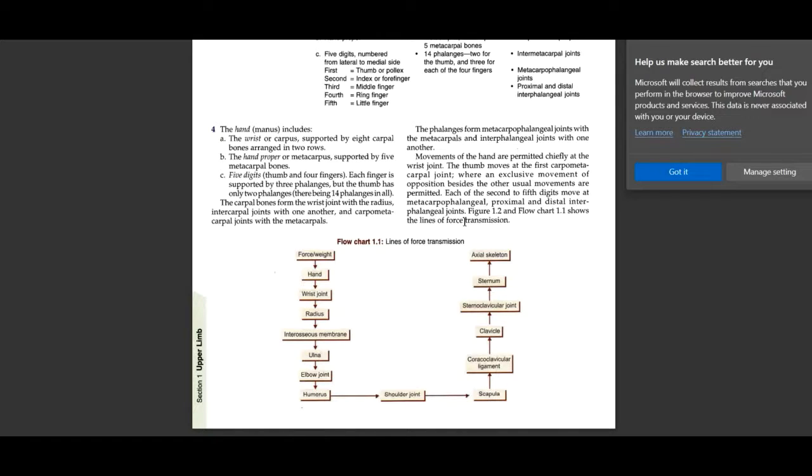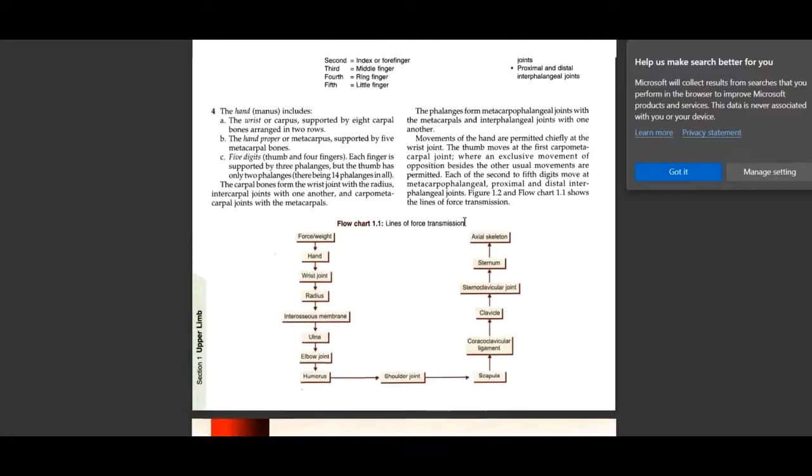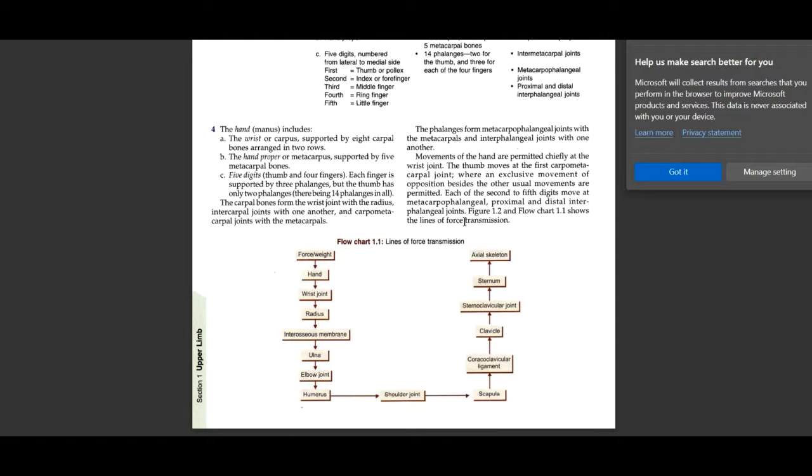The carpal bones form the wrist joint with the radius, intercarpal joints with one another, and carpometacarpal joints with the metacarpals. The phalanges form metacarpophalangeal joints with the metacarpals and interphalangeal joints with one another.